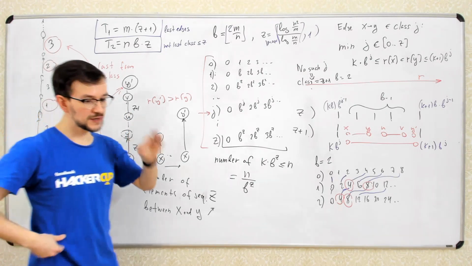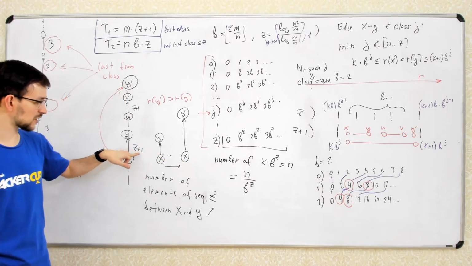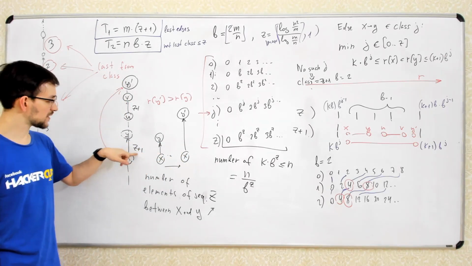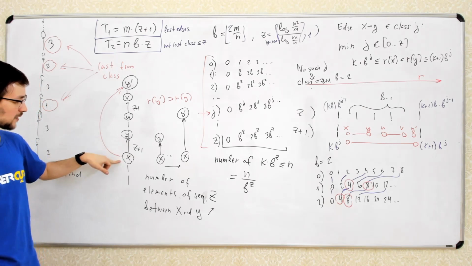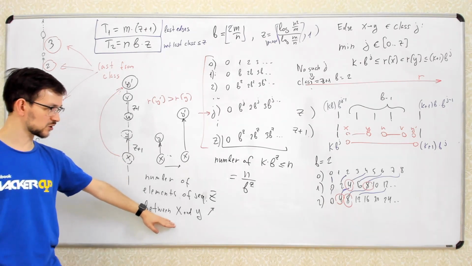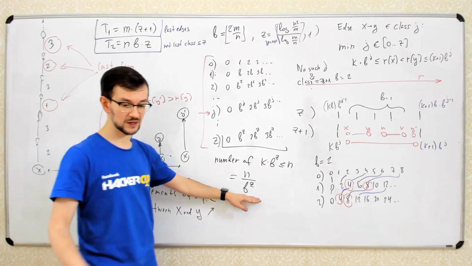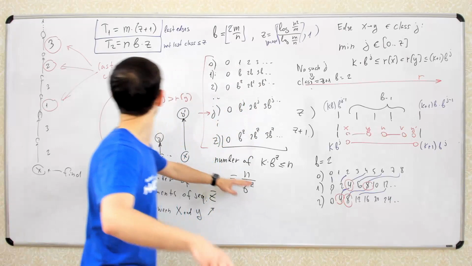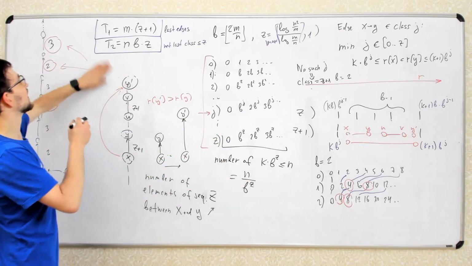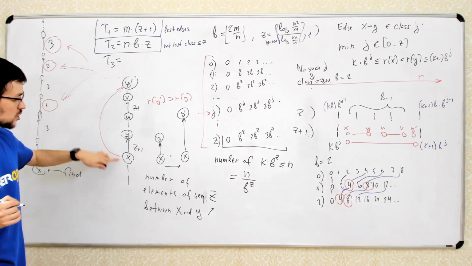Now, let's calculate the total number of non-final edges from class z plus 1. For class z plus 1, each time, if it is not a final edge, we apply path compression. The number of elements from sequence z is increasing. Total number of elements in sequence z is at most this. So we have T3 for each vertex.